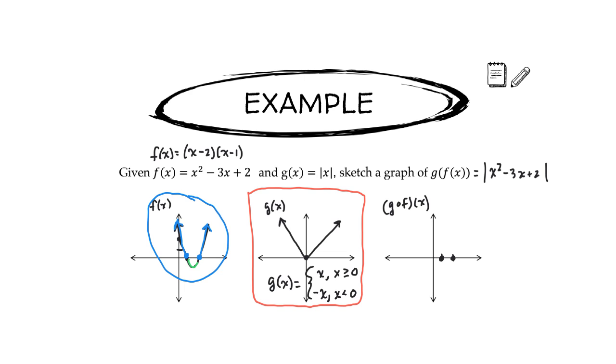In situations where f of x was greater than or equal to 0, g of x, the absolute value function, won't do anything to it. It'll leave it alone. Meanwhile, in situations where f of x was less than 0, absolute value will change its sign. And this is the result of the composition.